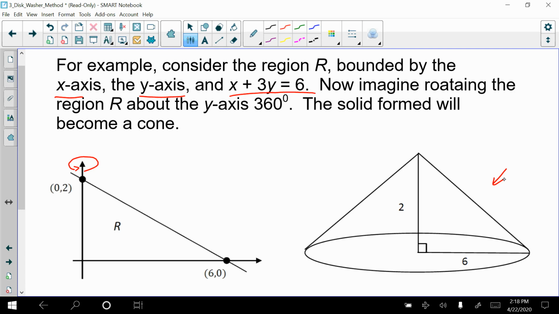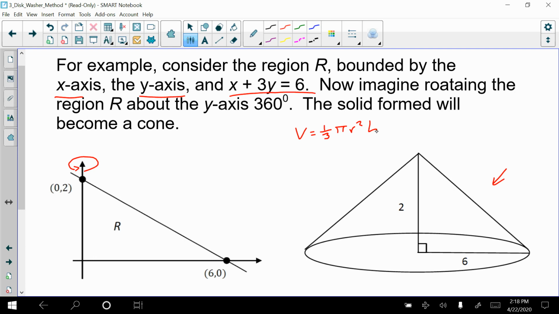Now, ideally, what we're going to be looking at is, what is the volume of the cone going to be? Because this is a basic cone, this isn't something we specifically need calculus for. If you recall your geometry formulas, volume of a cone is 1/3 pi r squared times the height.